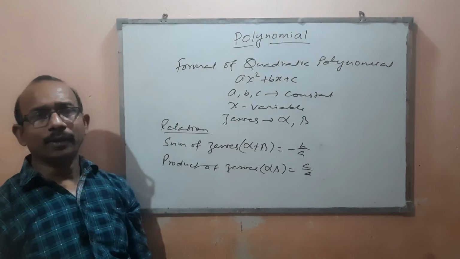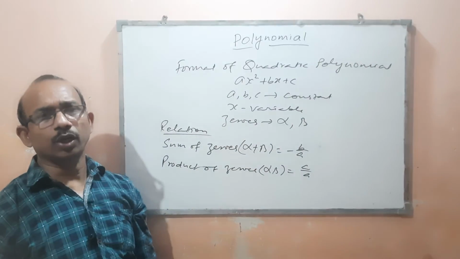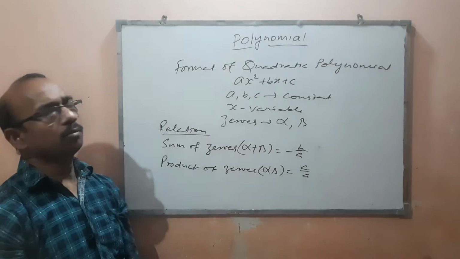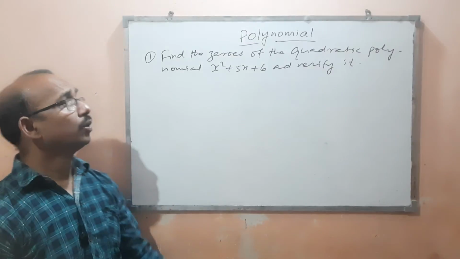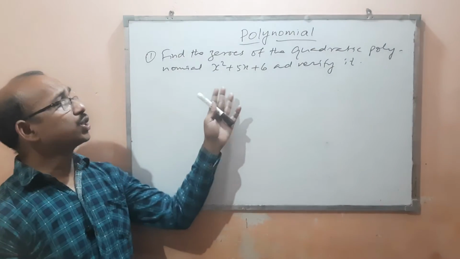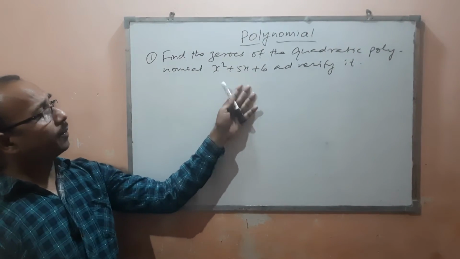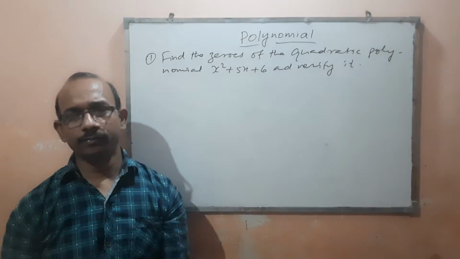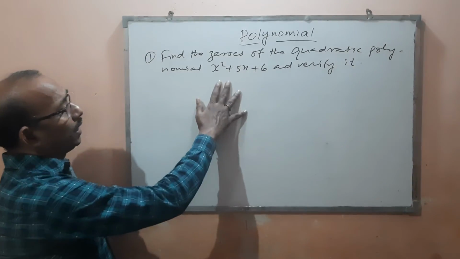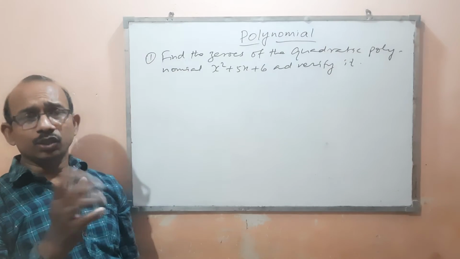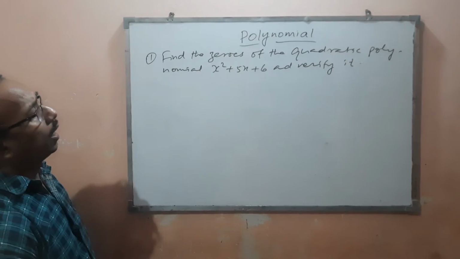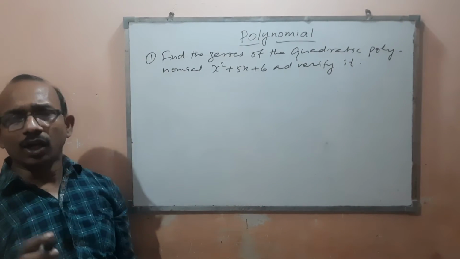At first I am taking a simple question to explain this quadratic polynomial: find the zeros of the quadratic polynomial x square plus 5x plus 6 and verify it. You can find these zeros by the factorization method.